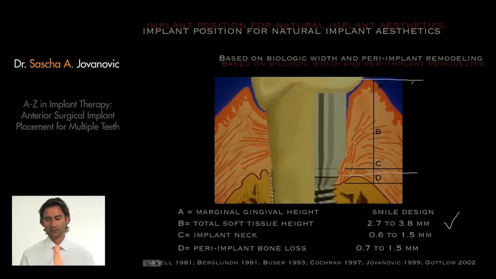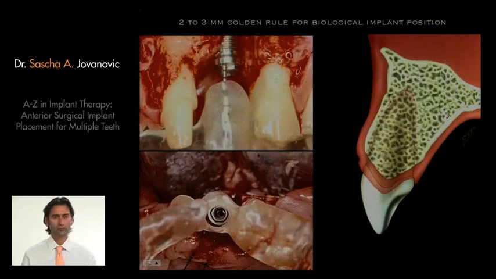And this here basically means that I have, in this height here, 3 millimeters available. So the implant position will always end up between 2 to 3 millimeters when I compare the gingival margin, the ideal gingival margin, to the implant neck.